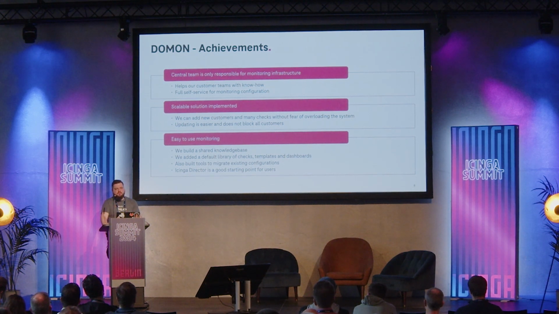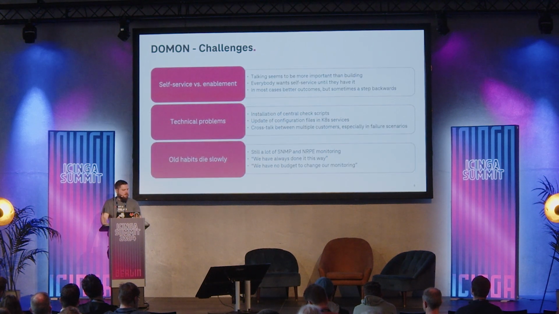And we also built some tools to migrate the old configuration from Nagios and Cacti into Icinga and Grafana, which basically was a one-off migration, transferring all the data and all the configuration. And we discovered that Icinga Director really worked well for our users, for our admins, because it was an easy-to-use tool to add new monitorings, to extend the system, and to basically understand monitorings if you didn't do it before.